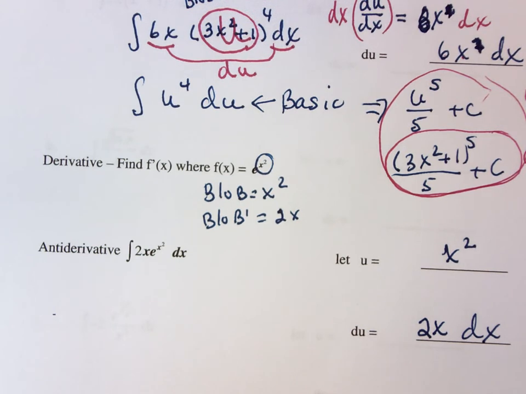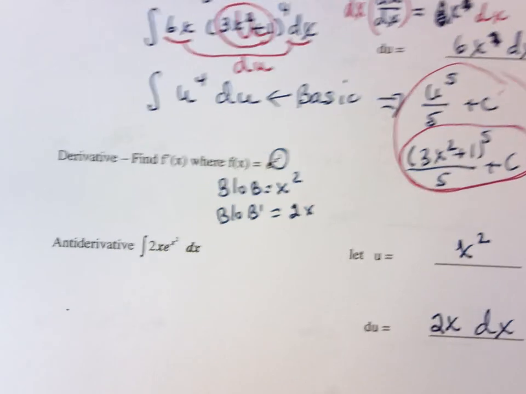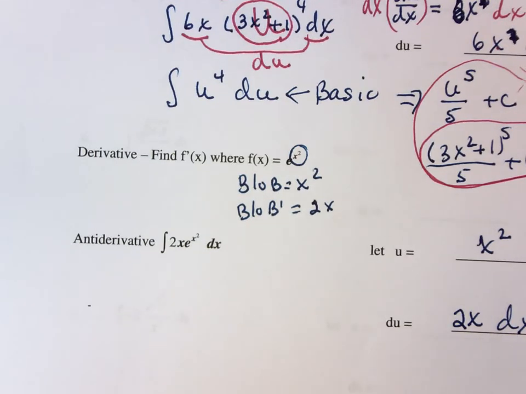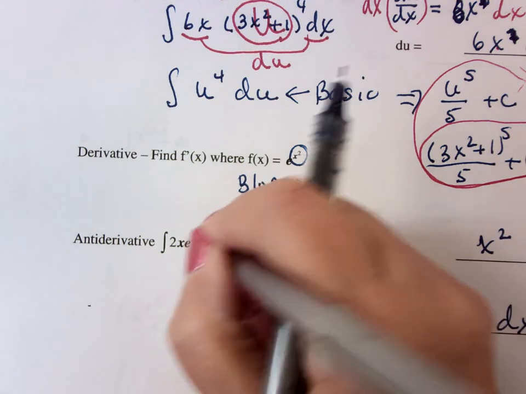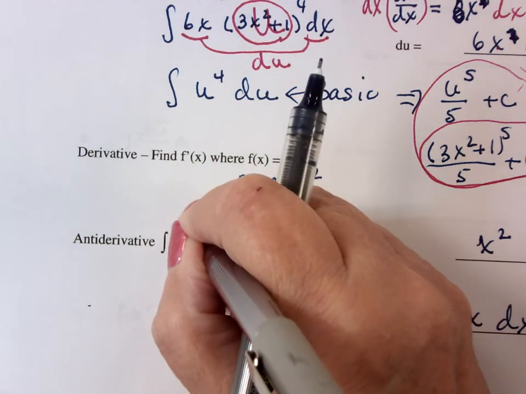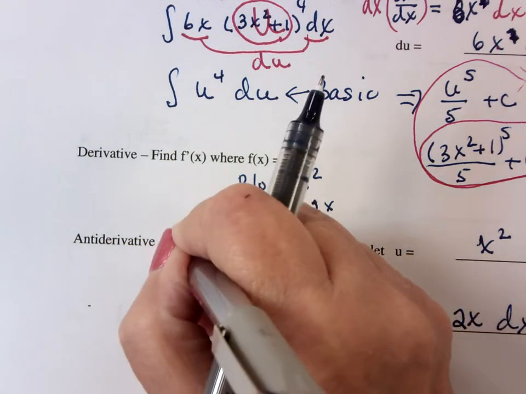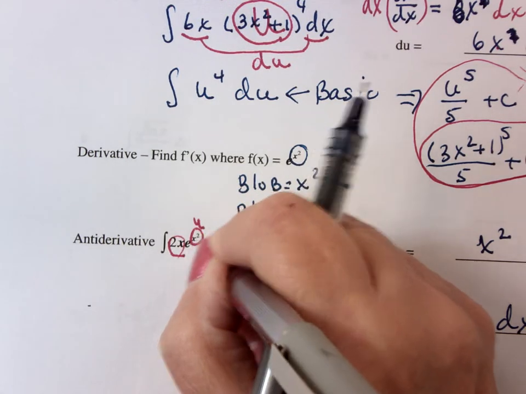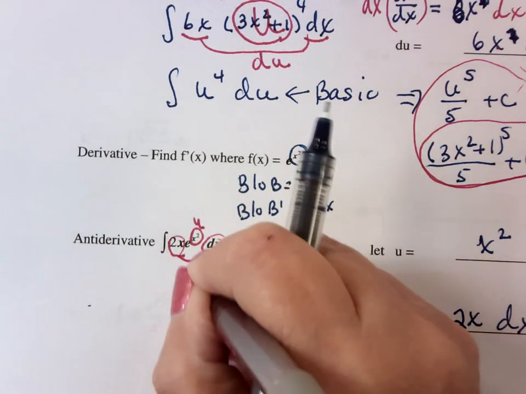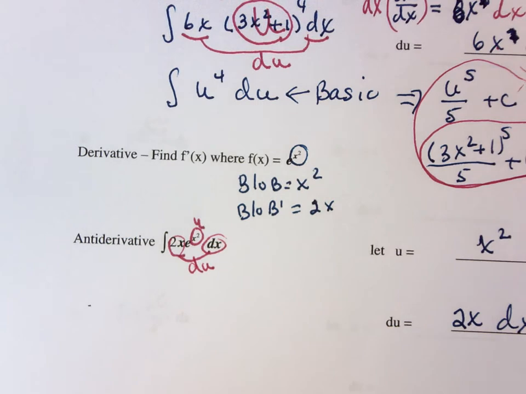You can't have dx there anymore. So any place I have an x squared, I put a u. So x squared becomes u. And 2x dx, this whole thing is du. Now anything with an x is gone.